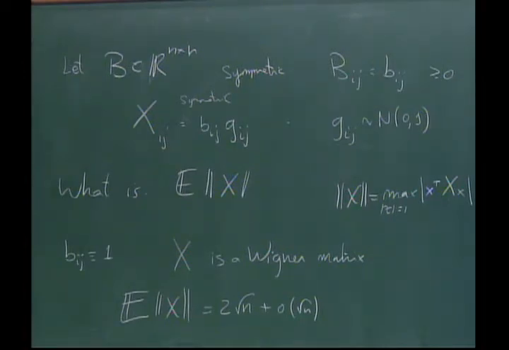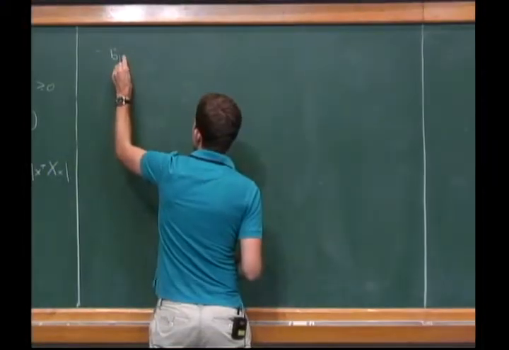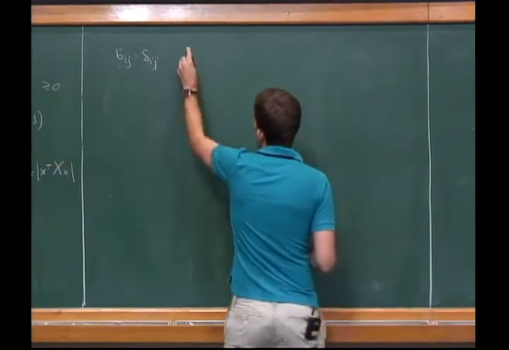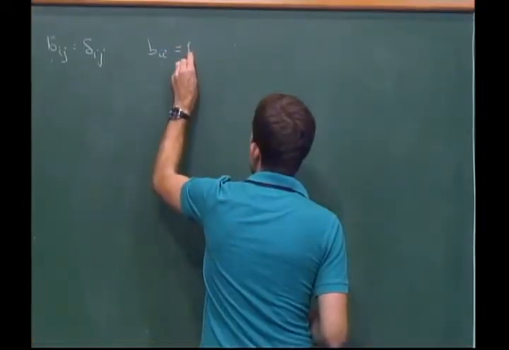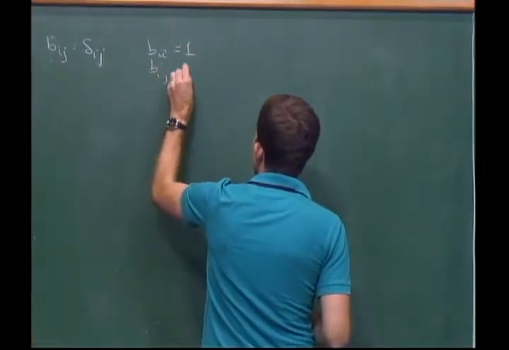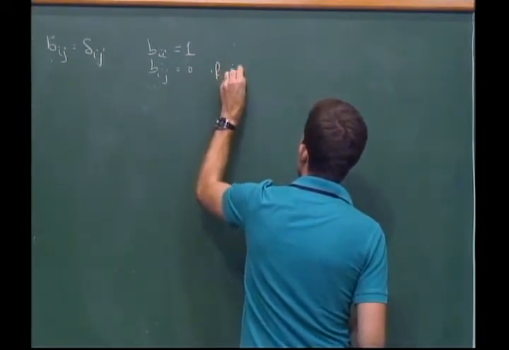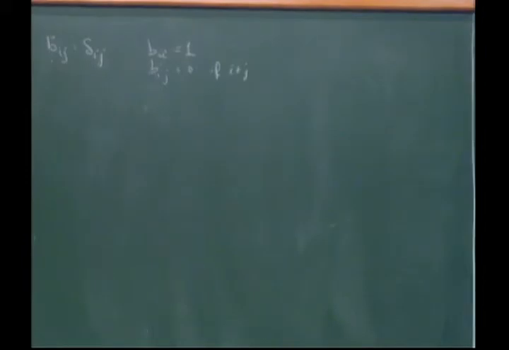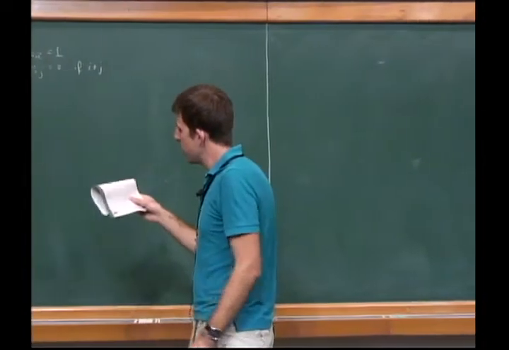On the other hand, let's look at another example. Let's say that b_ij is equal to the Kronecker delta_ij, meaning that b_ii is 1 and b_ij is 0 if i is different than j. So it's just a matrix where on each diagonal element you put a Gaussian.